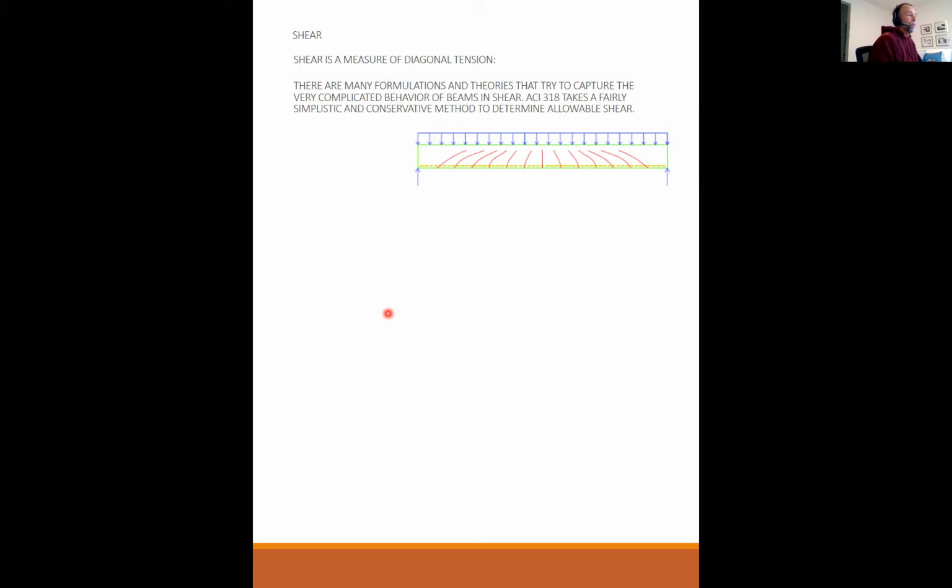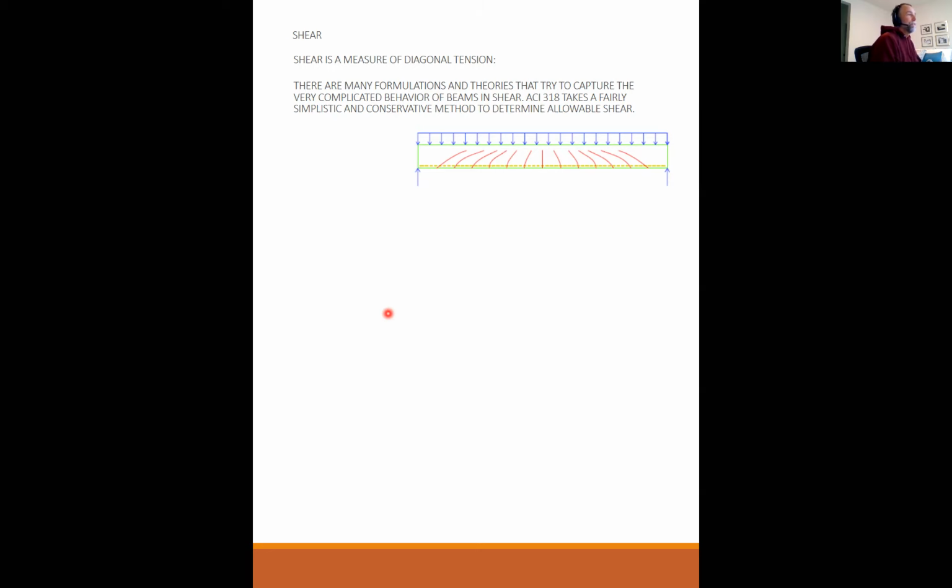We talked about the Whitney stress block. That was just a model that simplifies flexural behavior. Well, even more so with shear design, there are dozens of different ways to model a beam in shear, and none of them are perfectly correct. In fact, none of them are correct, but none of them are totally horrible either.